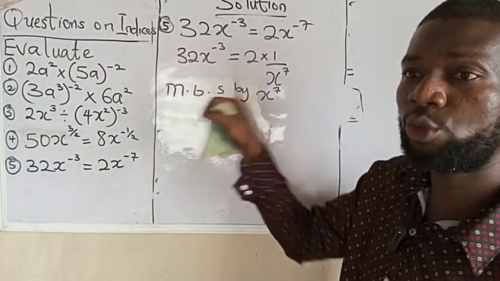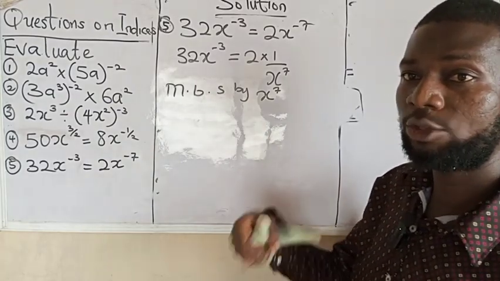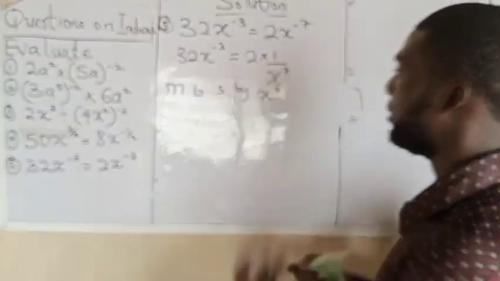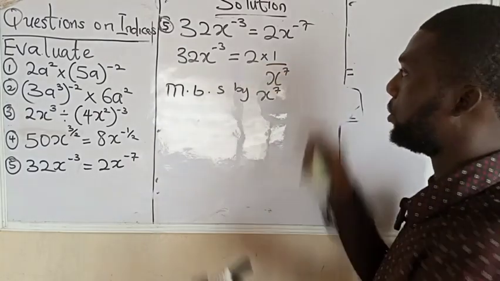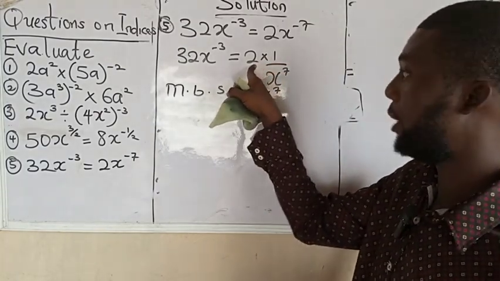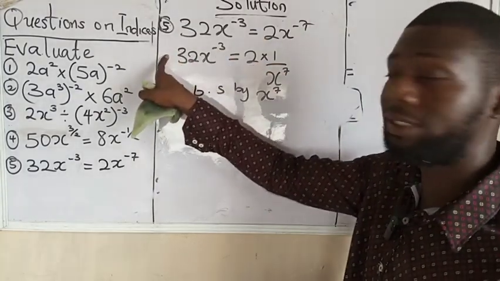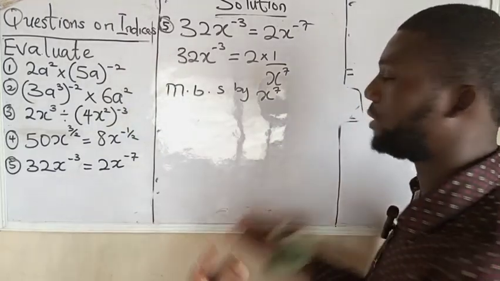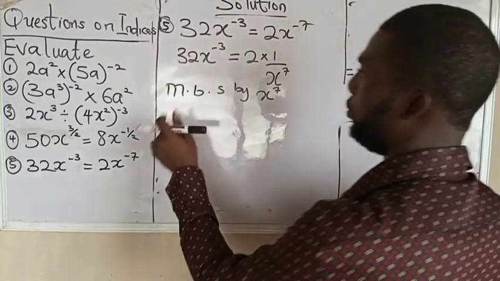That is like saying x raised to power 7 over 1. But I can as well say x raised to power 7. Why? So that when I cancel out, it will just be 2. And that x raised to power 7 will appear itself here because I've multiplied both sides by x raised to power 7. So let's look at how it is done.